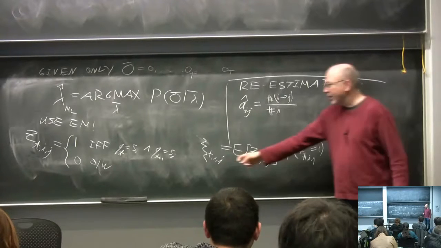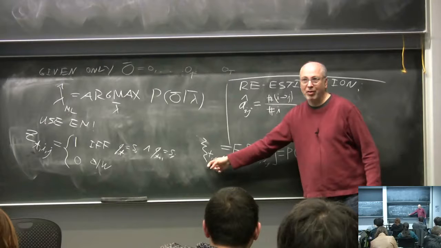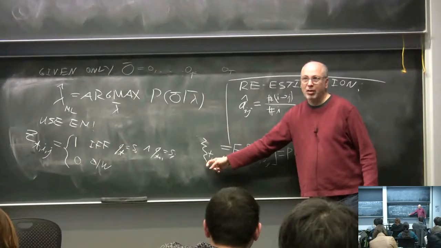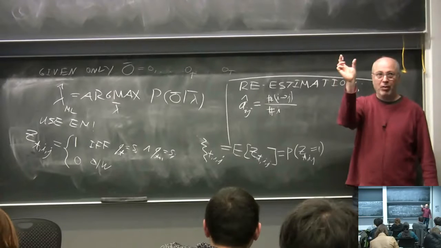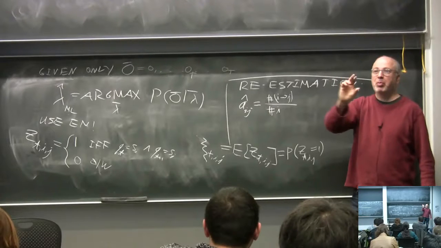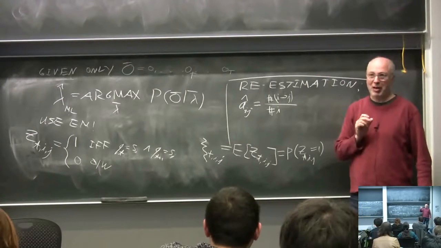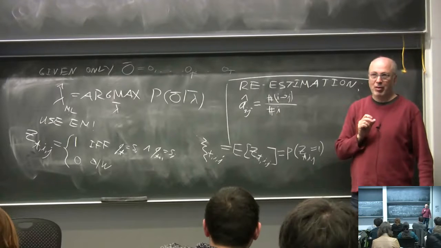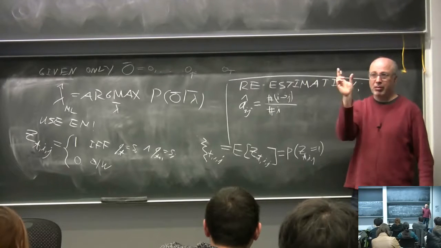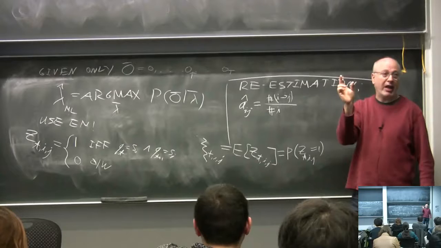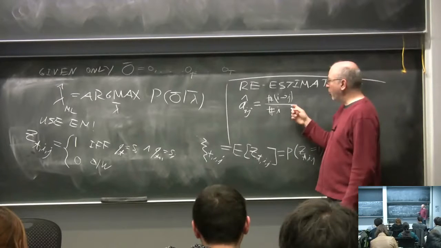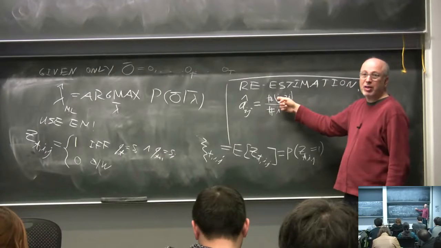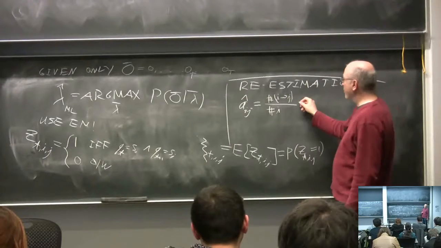The best thing I have is an estimate of that in the form of the fraction of each time point that I attribute to this transition from i to j. Or in other words, the probability that I think the transition from i to j actually happened at time t. So I'm summing over probabilities rather than over actual zeros and ones.